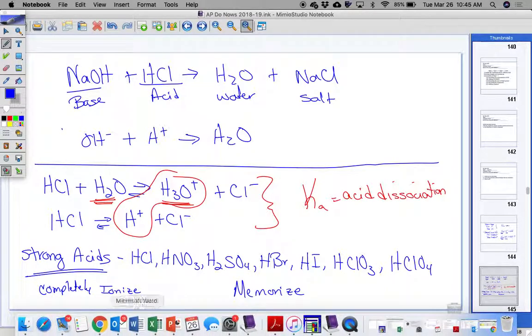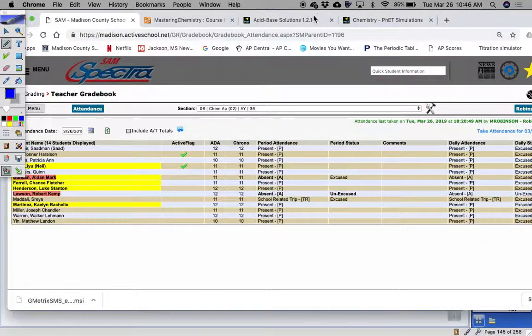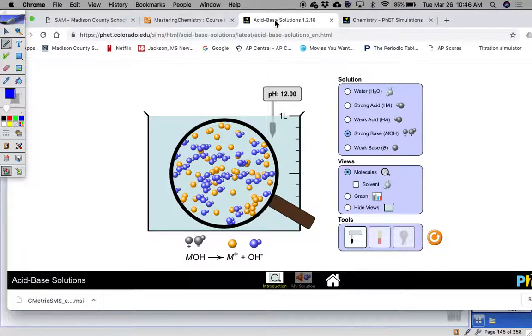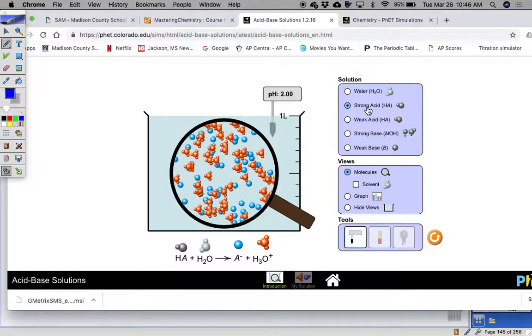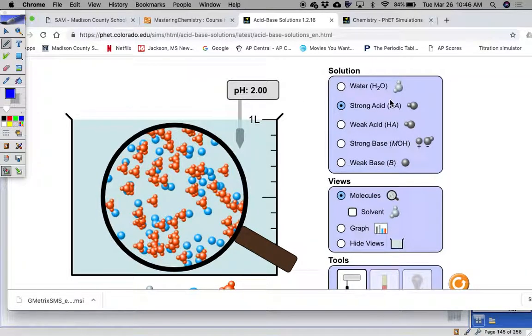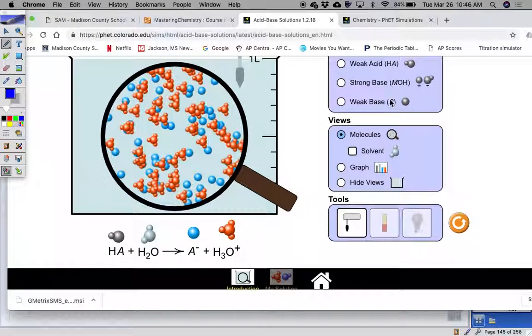Let's look at a little simulation. Remember, if we're looking at something in water, water auto-ionizes in the first place, but we'll talk about that in a second. Look at the strong acid. What happens when I put the strong acid in water?